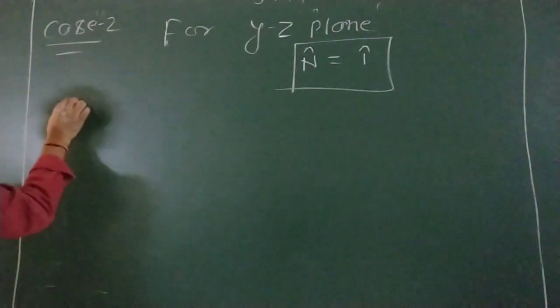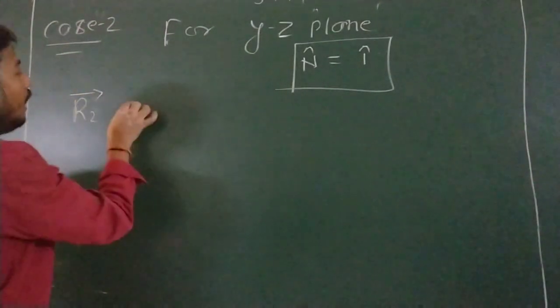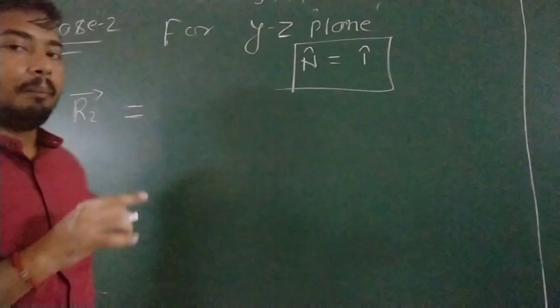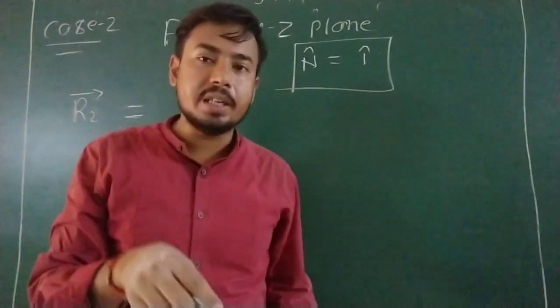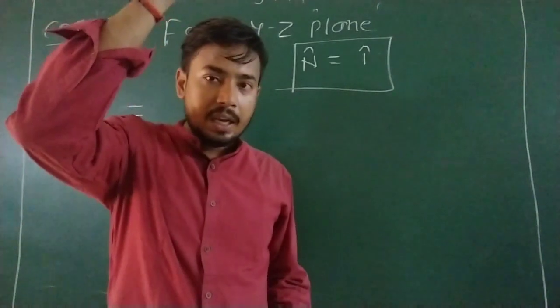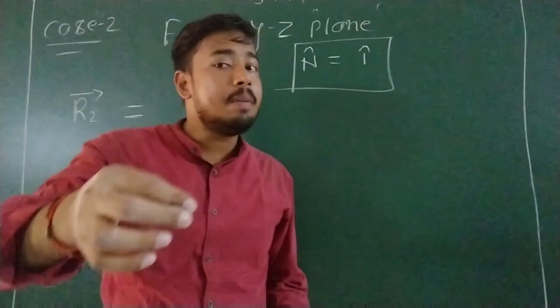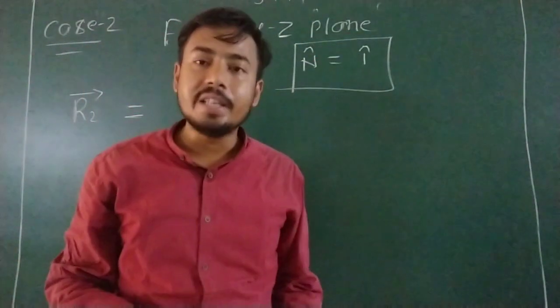R2 becomes again I cap, but here I cap will be changed because successive reflection is going on. First the ray will be incident on the XY plane, and after reflection this ray will be incident on the YZ plane.